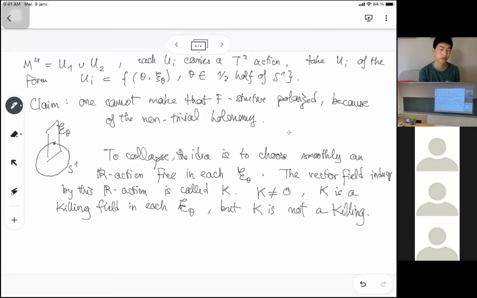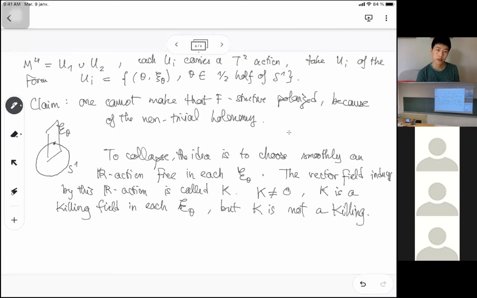And by changing the direction of this R action smoothly as theta goes around S1, you can find an R action that is well defined, and that defines a vector field.